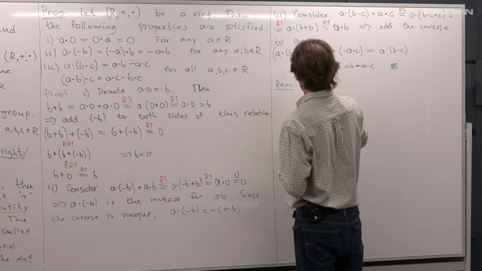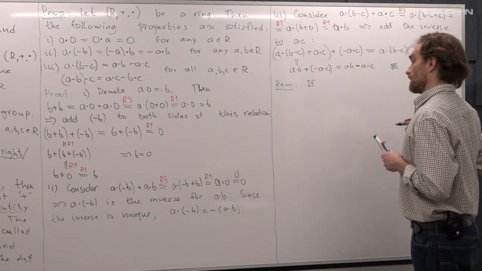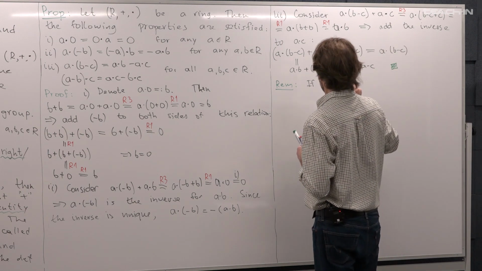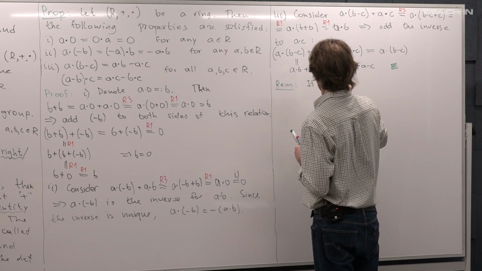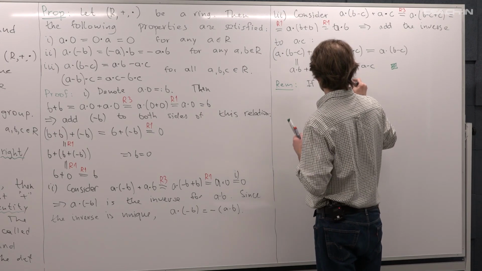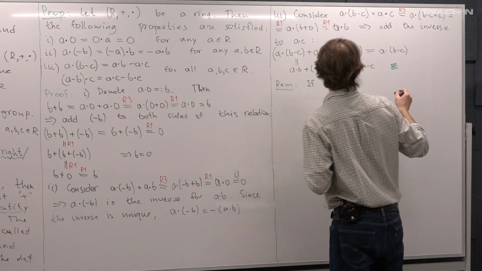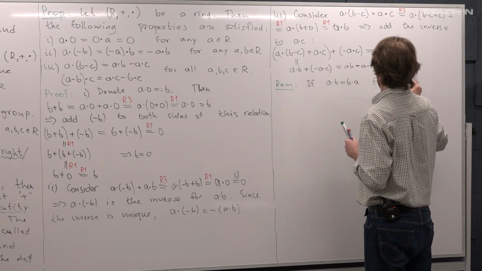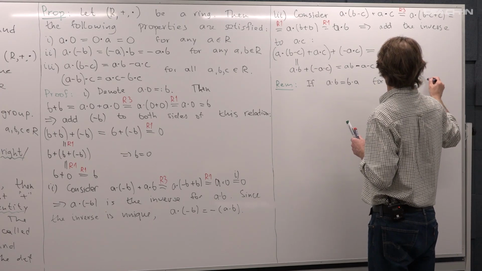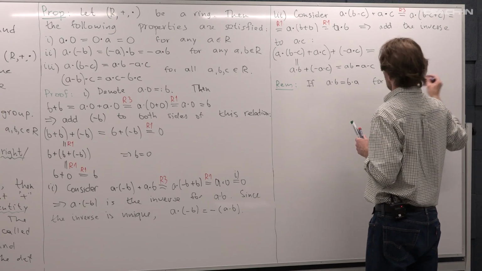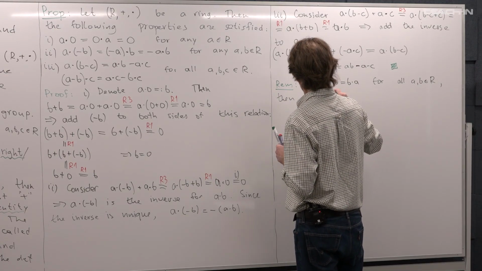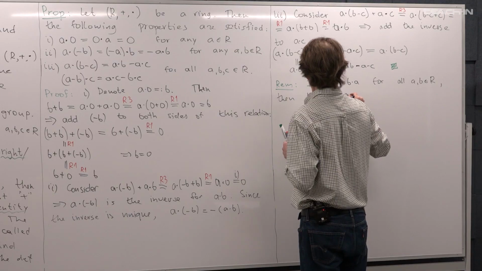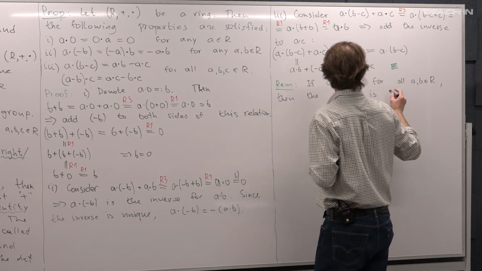If A multiplied by B equals B multiplied by A for all elements in the ring, then the ring R is called commutative.